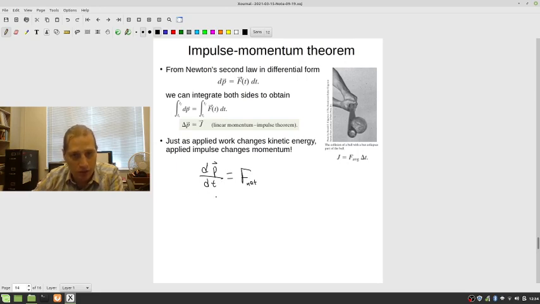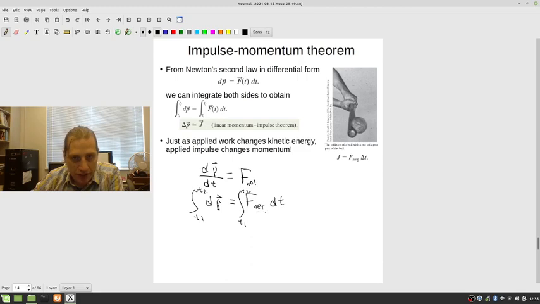So I'm going to do the sloppy physicist thing of multiplying both sides by dt. I don't think the math people will let us do that, but they can't stop us. And then we take the integral. So we integrate it from time 1 to time 2, assuming that P is a function of t, and do the same thing here, t1 to t2.